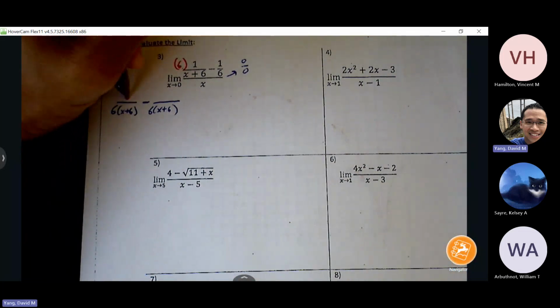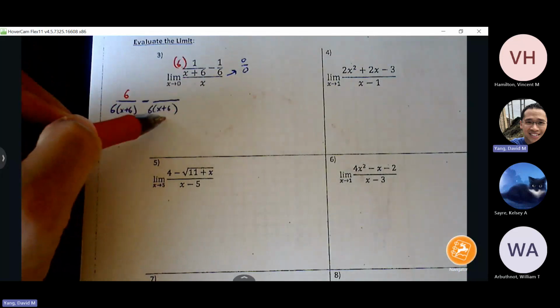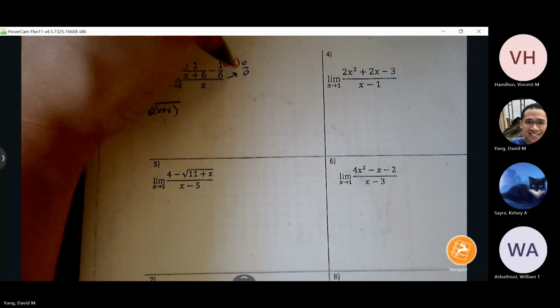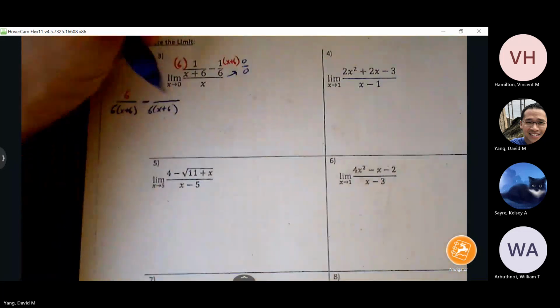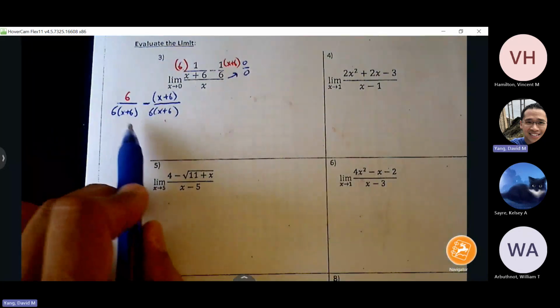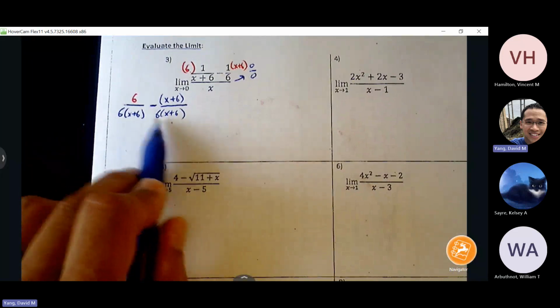6 times 1 is 6. And the second old denominator is missing an x plus 6, so I need to multiply the top by x plus 6. Okay, so now the whole point here is we can merge the two fractions now that we have common denominators.